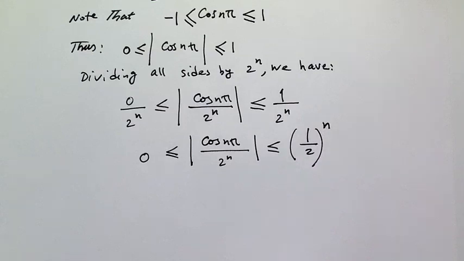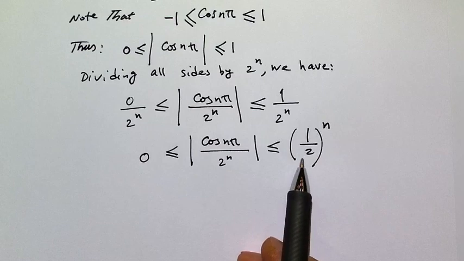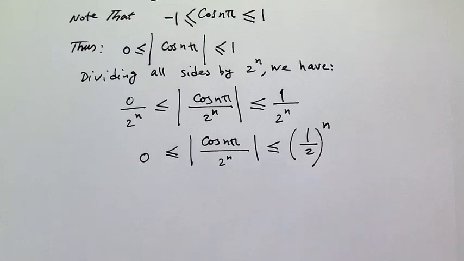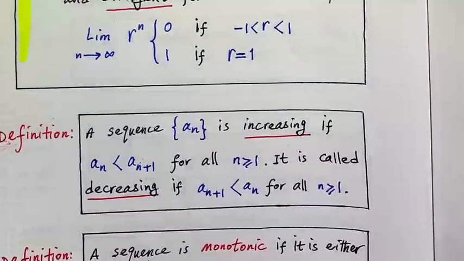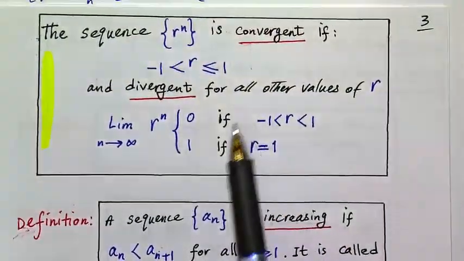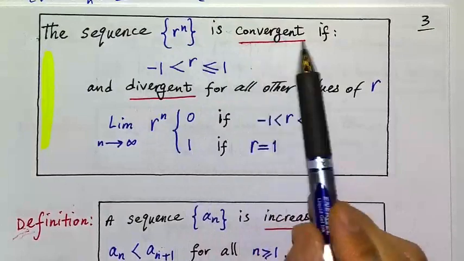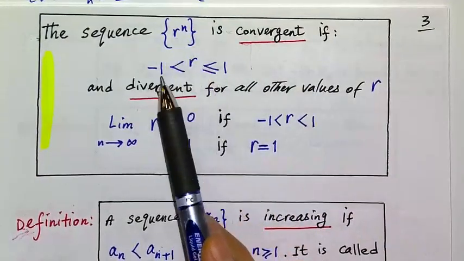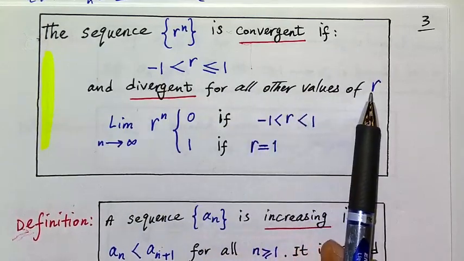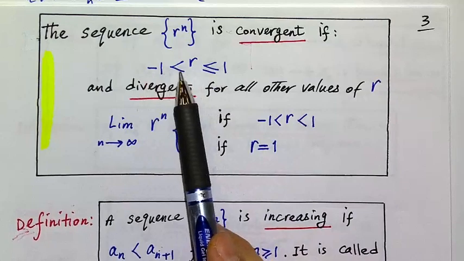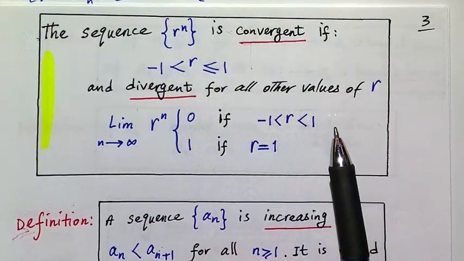So now remember that little identity or theorem that we had. Maybe I can dig it up again. That says that if you have a sequence r to the n, right there on page 3, if we have such sequence, this sequence is convergent if r, the base, is between -1 and 1, and divergent for all other values of r that fall outside of this interval.